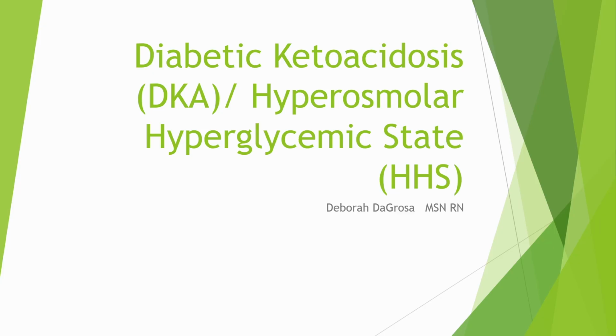They are not in DKA, but this is one of the diagnostic criteria. Ketonuria, which is ketones in the urine, an arterial pH of less than or equal to 7.3, sodium bicarb less than or equal to 18, and then a positive anion gap.